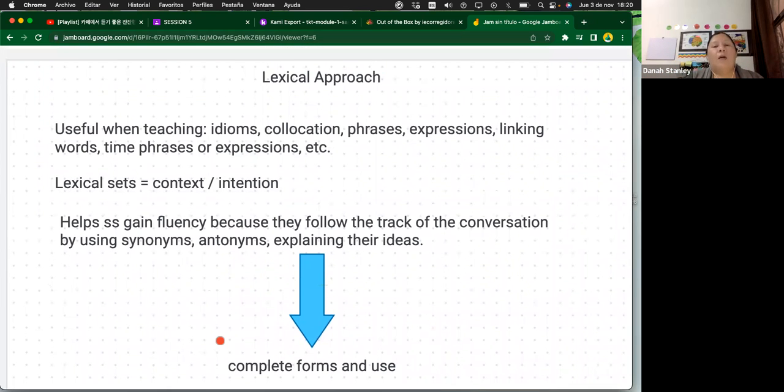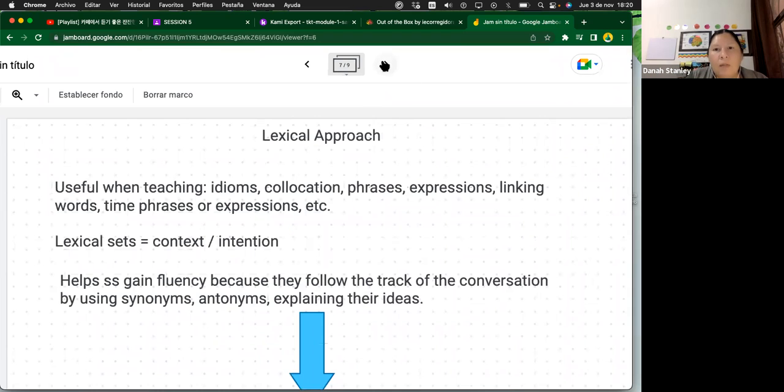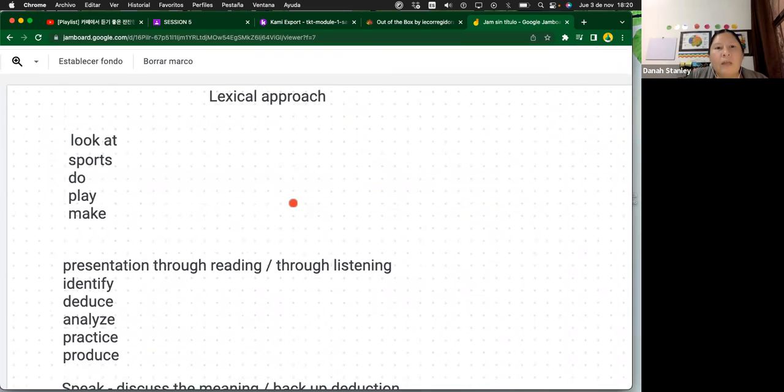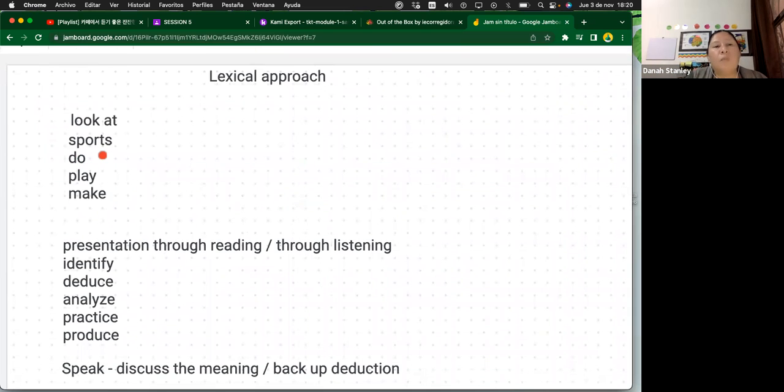So I was giving the example that maybe we can teach with this, for example, sports, and divide them by lexical groups: the sports that you do, the sports that you play, and the sports you make. So that is a simple and clear example of when and where you can use this approach.